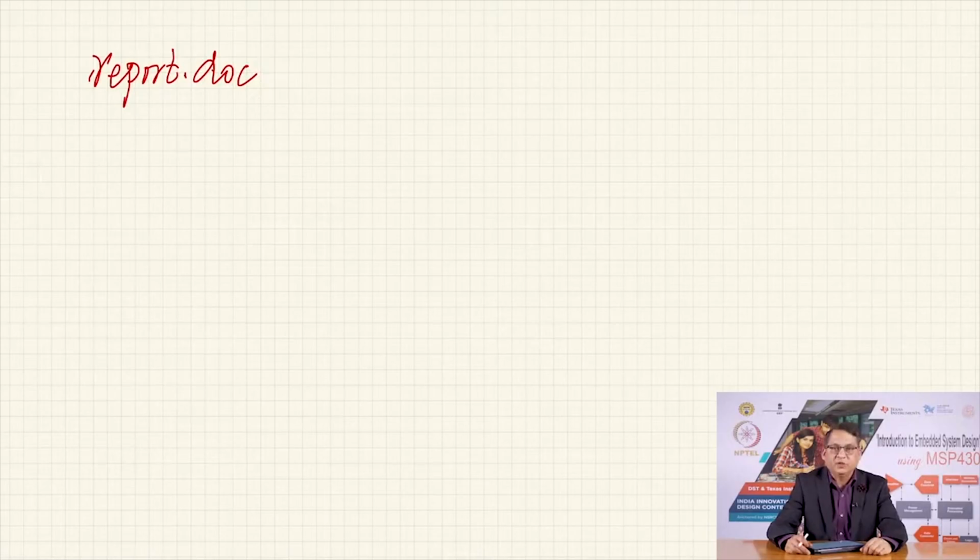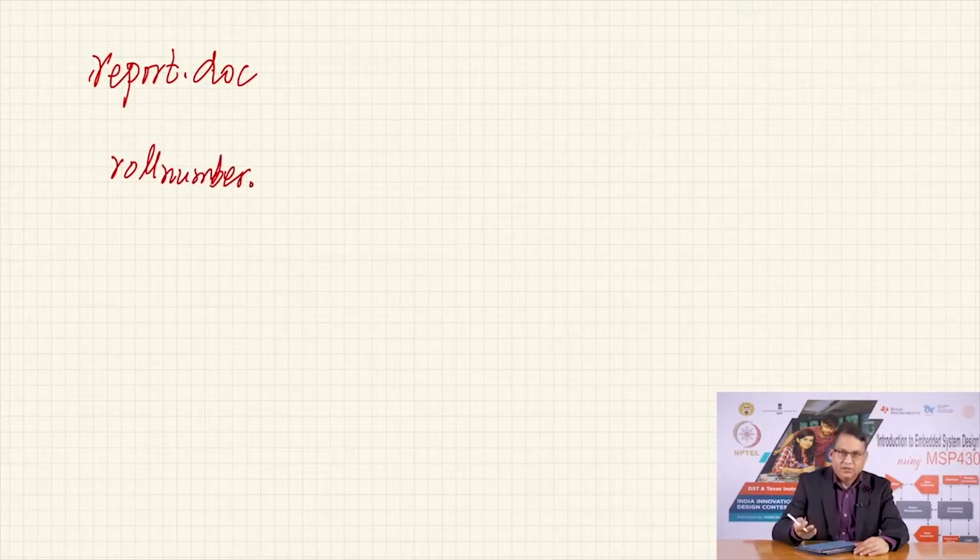It will be impossible for me to relate a given document with a person, and therefore, I always ensure that when I ask my students to send me reports for a given topic on email, I ask them to follow a certain protocol. In a classroom, as a student, you would have a roll number, and therefore, oftentimes my protocol is you include this information in the file name, you say roll number, whatever your roll number is, the year in which we are doing or the subject we are doing.